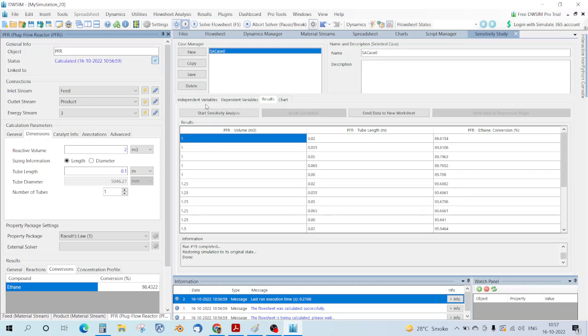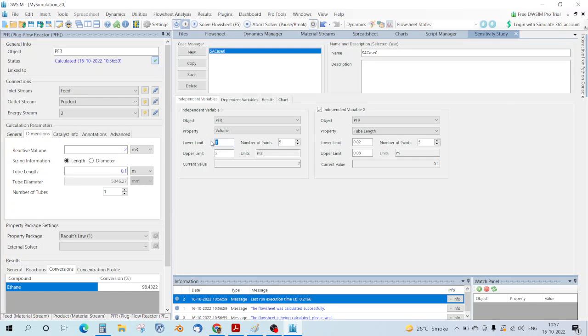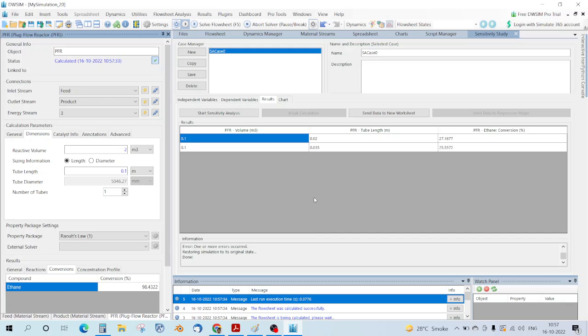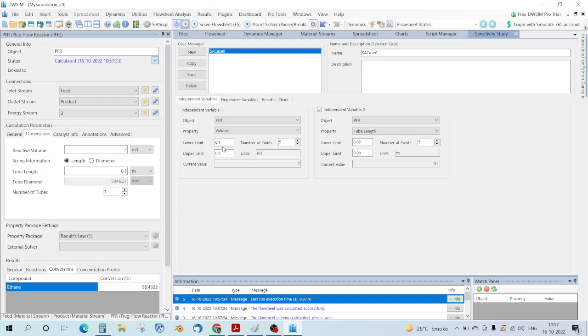So 1 is quite high. We need to take it 0.1, and let's let it be 0.9. Let's try it again. Okay, I think there is an error. Yeah, it's 25%, too less. We need to increase it, let's say 0.4.